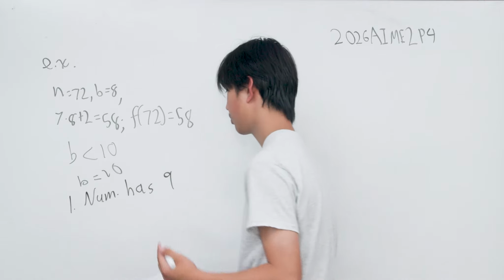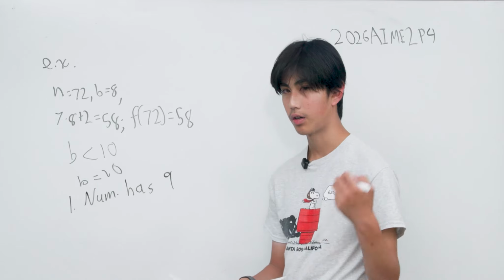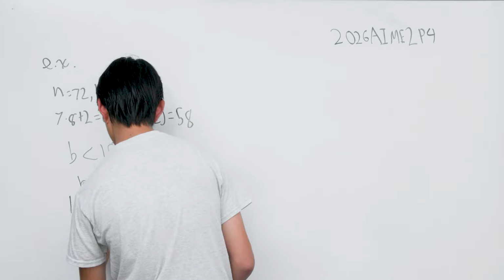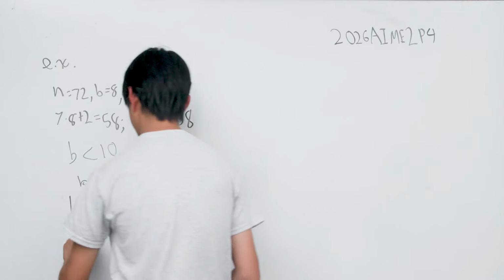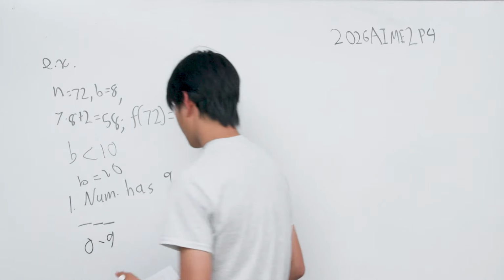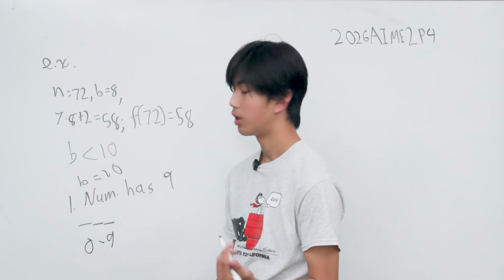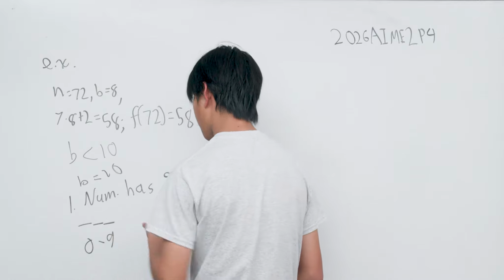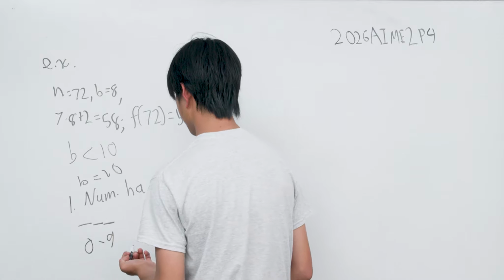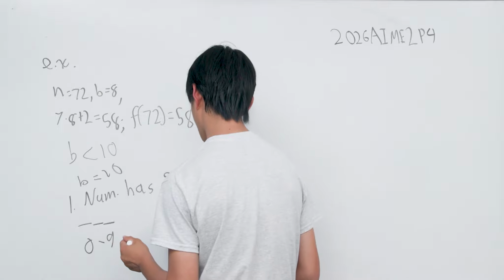To do this, we can do complementary counting. If there are 3 digits, and each digit has values 0 to 9, and we want to exclude one number. In this set, there are 10 possible digits we could have.